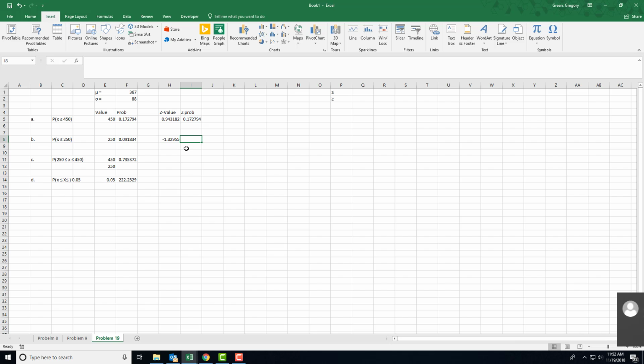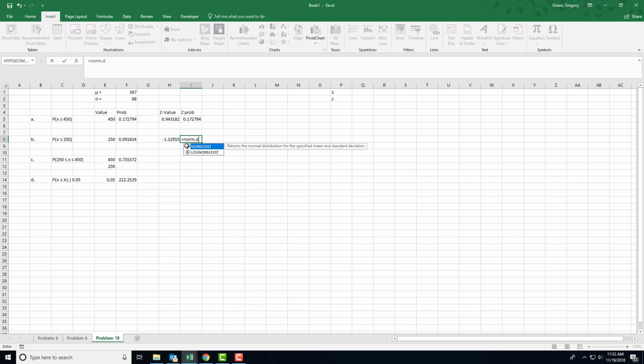And I can calculate the probability using the norm.s.dist, the z value, cumulative is true. When I push return, it had better come out 0.09, or I did something wrong. Okay? All right, notice that they did come out the same.